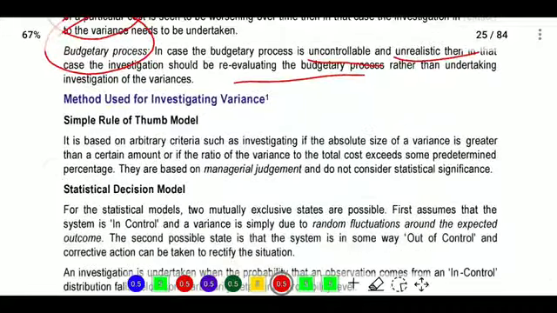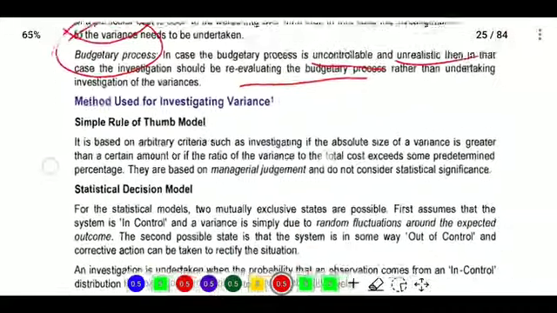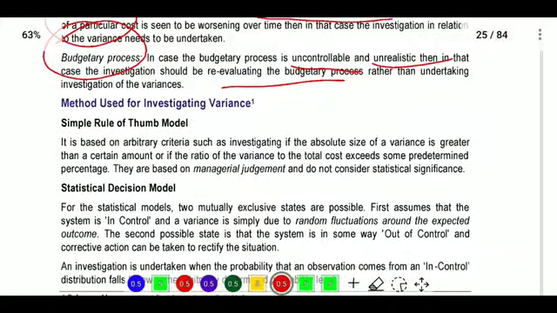Next, methods used for variance. What are the methods we will use? The first one is a simple rule, that is, the rule of thumb model. It is like an arbitrary criterion. If the absolute size of the variance is greater than a certain amount, or if the ratio of variance to the total cost exceeds a predetermined percentage, then managerial judgment applies, without considering strategic significance.